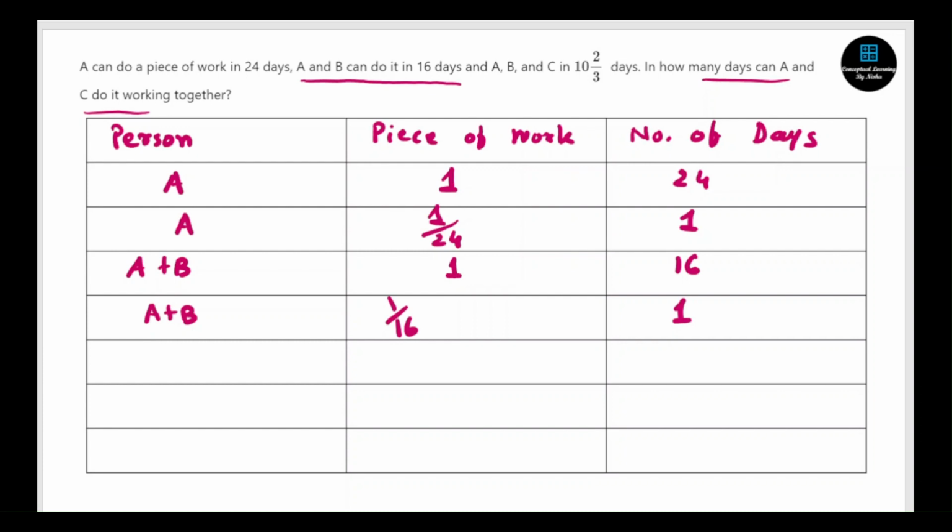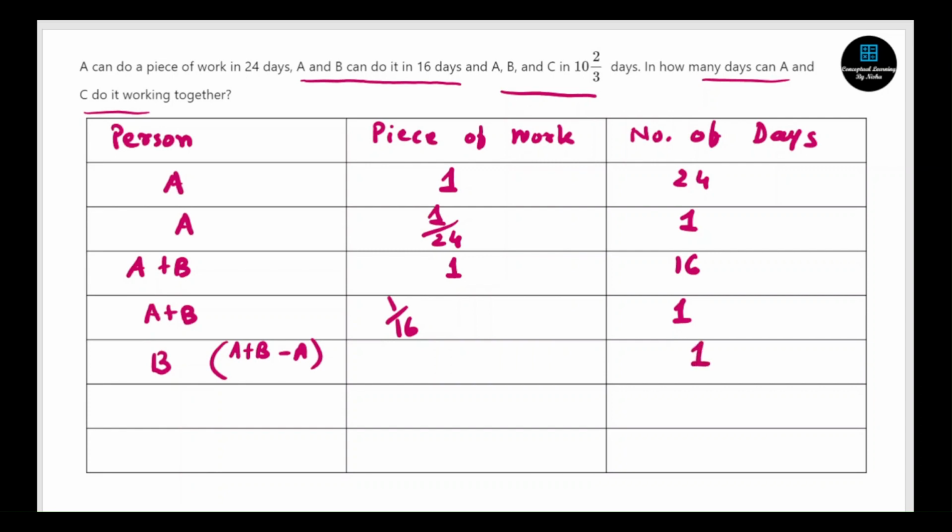Before that, here I have the work done by A in one day and the work done by A and B together in one day. So I can find how much B can do in one day. The work of B is A plus B minus A. If I do this, I'll get the work done by B in one day.